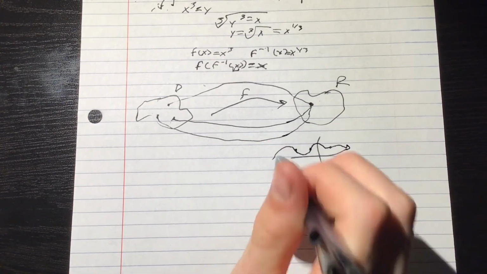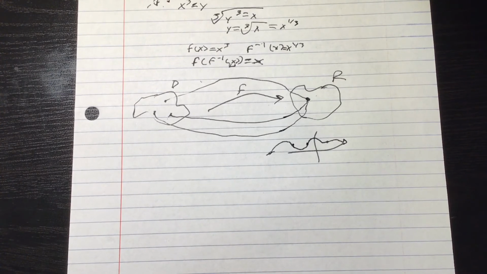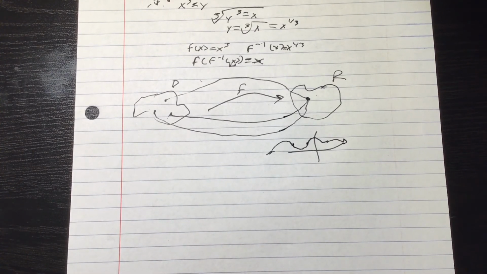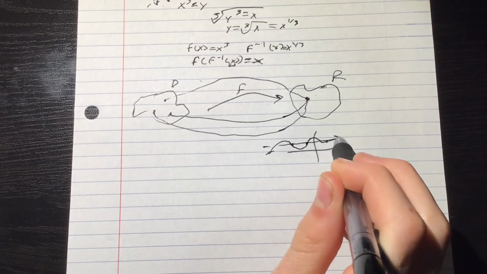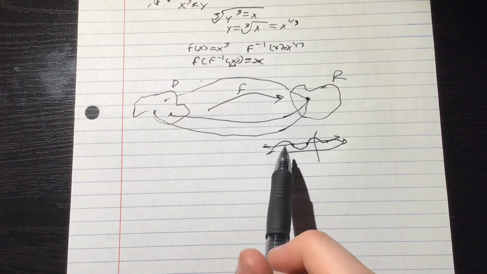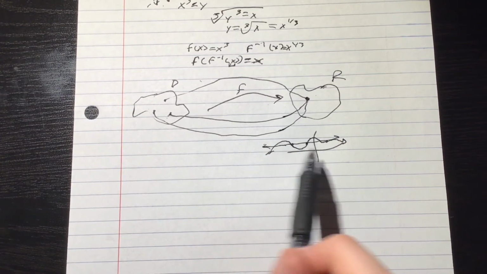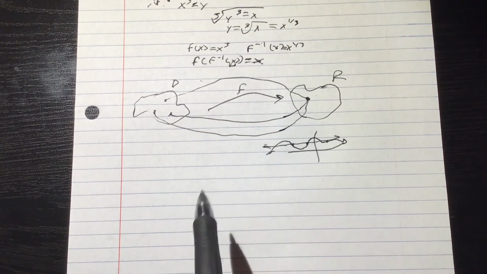If I just drew vertical lines, it wouldn't cross anywhere twice. The thing that helps with distinguishing one-to-one functions is the horizontal line test. So if I were to draw a horizontal line, you can see that this isn't a one-to-one function because it crosses this function more than once.